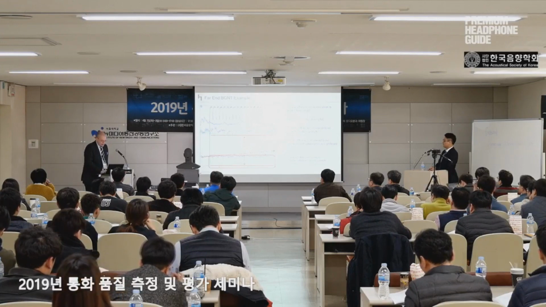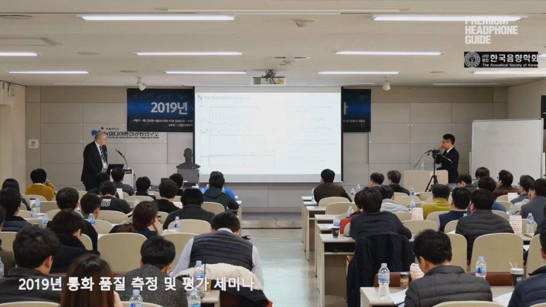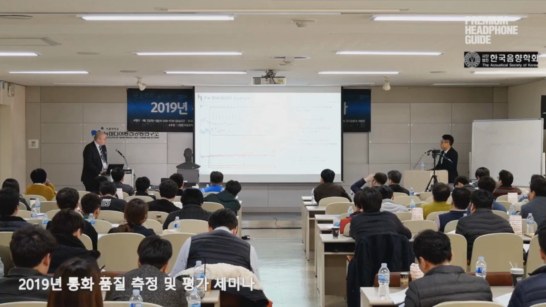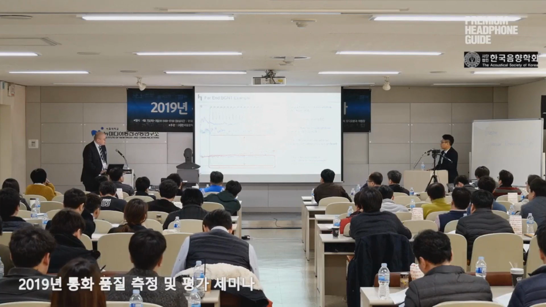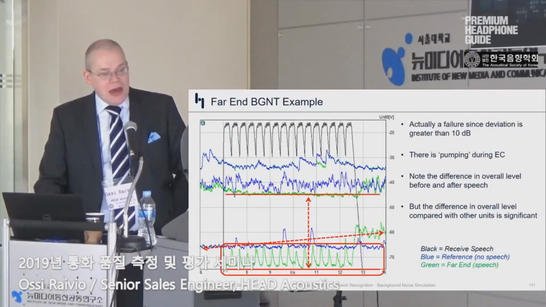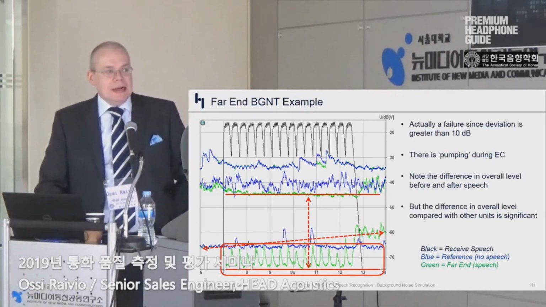That is the reason why the green curve, here is a speech pause, returns almost to normal. During every speech pause, it returns to normal, but during the speech, there is more than 10 dB attenuation. So this would be very, very bad behavior, and this would also be a clear failure.